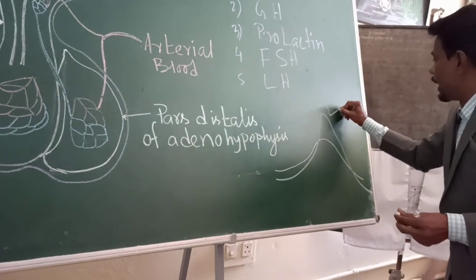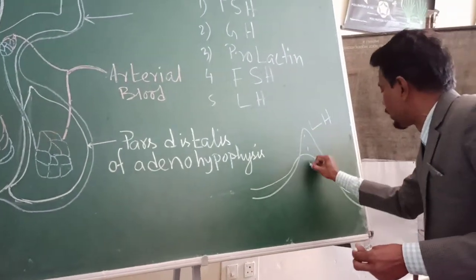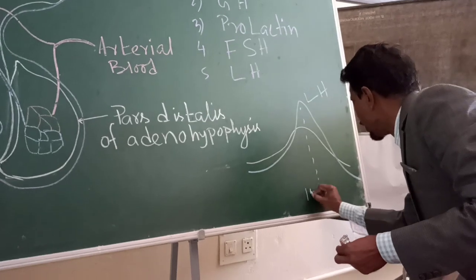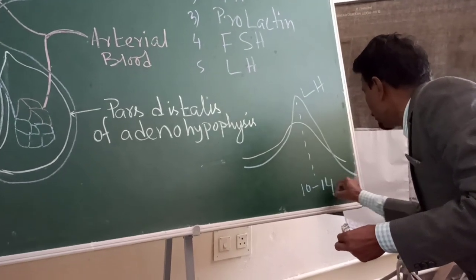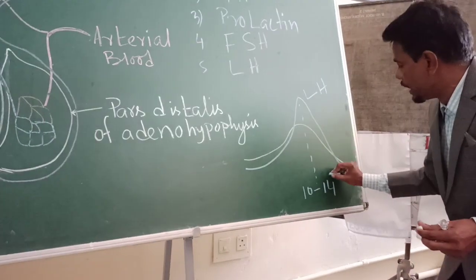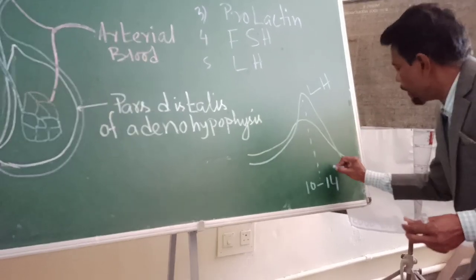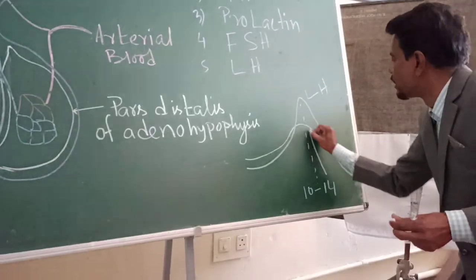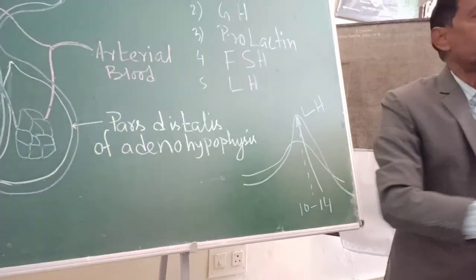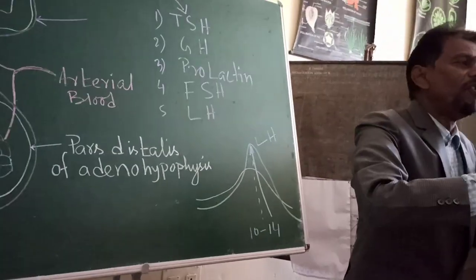So LH hormone reaches its peak from the 10th to 14th day of the menstrual cycle, but especially at the middle, or say the 14th day of the menstrual cycle, LH hormone becomes very high.